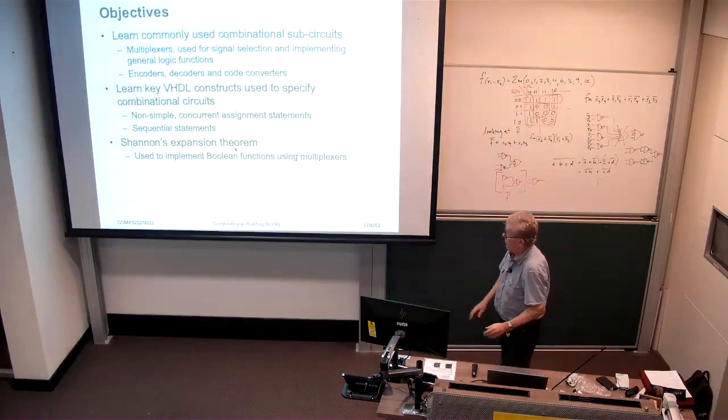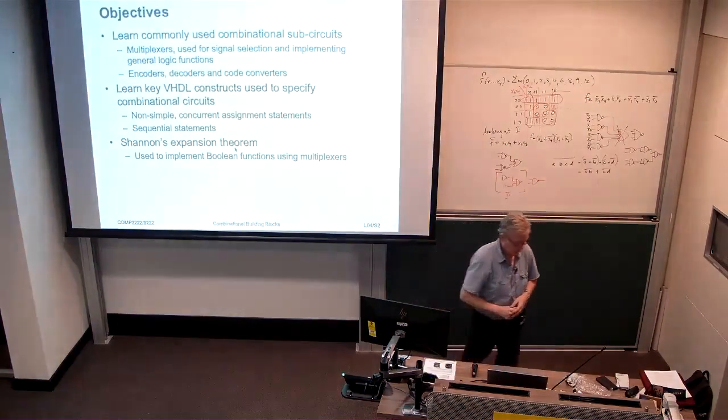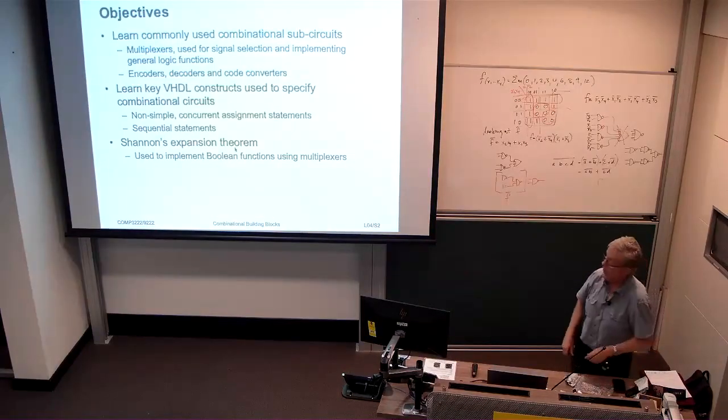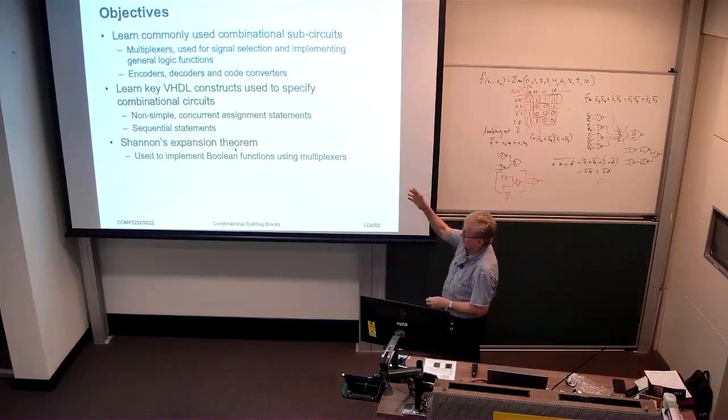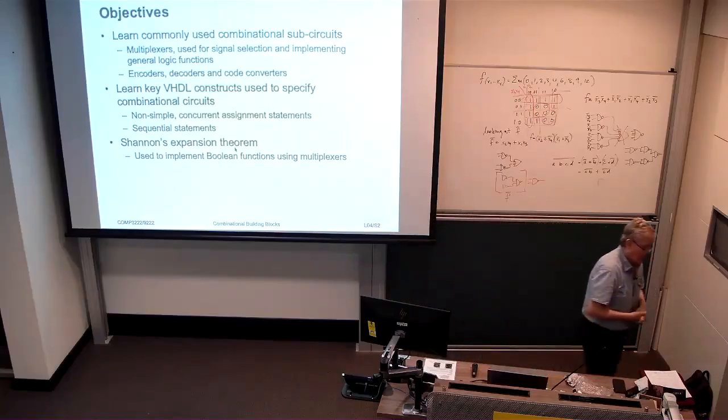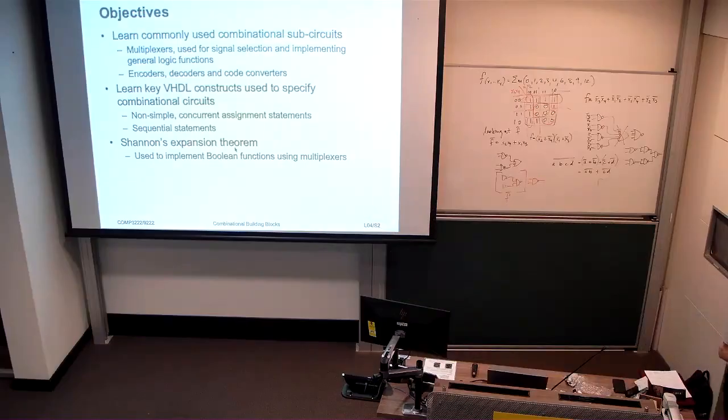All right, we were looking at lecture 4. These were the main objectives for this lecture, to learn about common combinational sub-circuits that are used, namely multiplexers, encoders, decoders, and code converters in general.